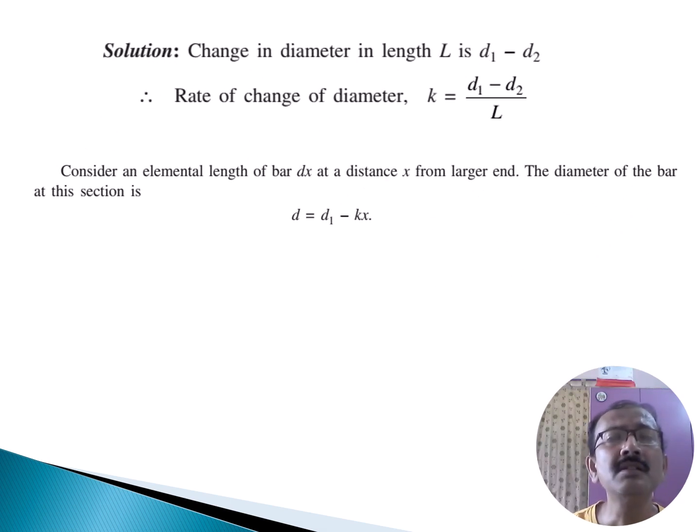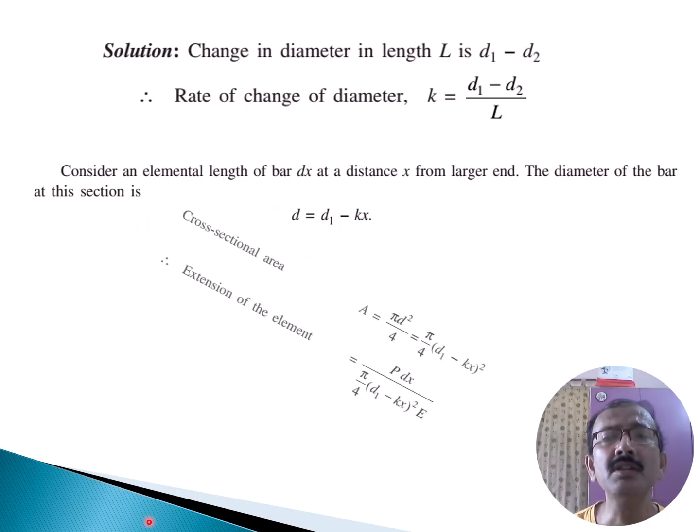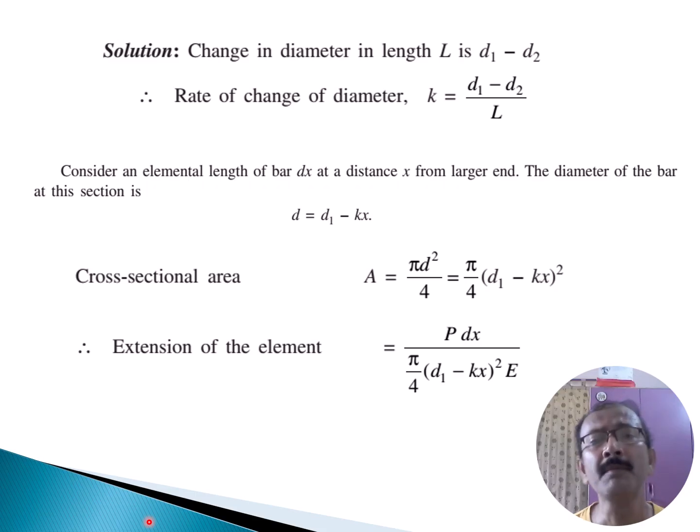These are the steps of the solution. The change in diameter over length L is d1 minus d2. The rate of change in diameter is k equals (d1 minus d2) by L. Now consider an elemental length of bar dx at a distance x from the larger end. The diameter of the bar at this section is d equals d1 minus kx.